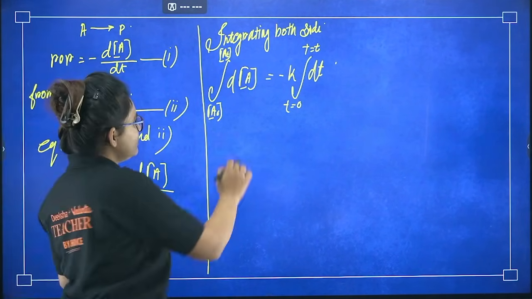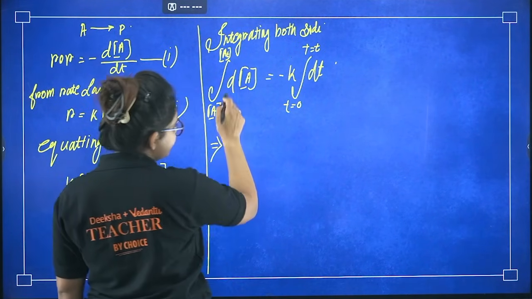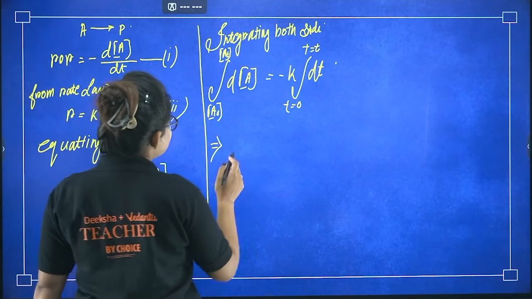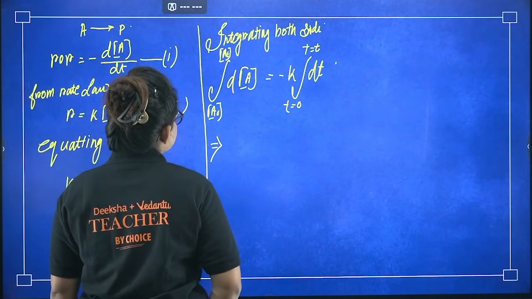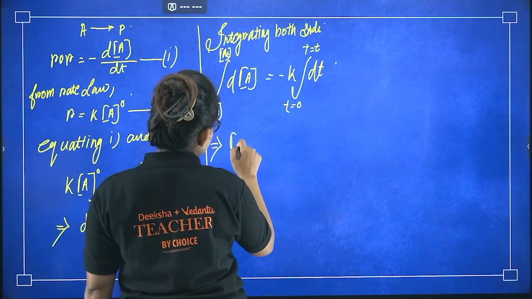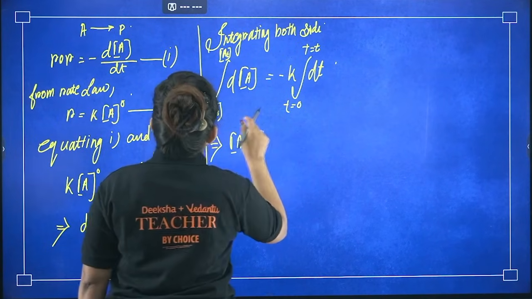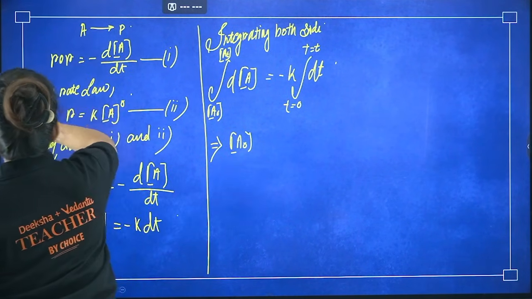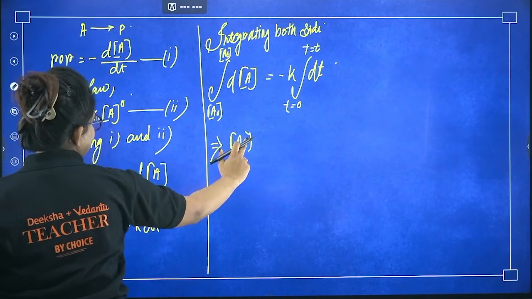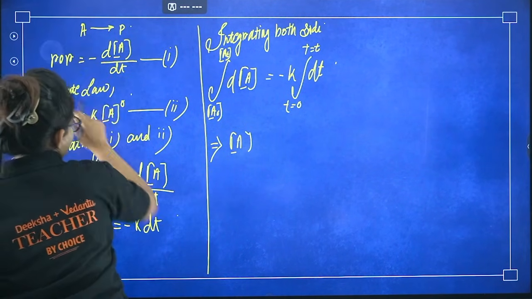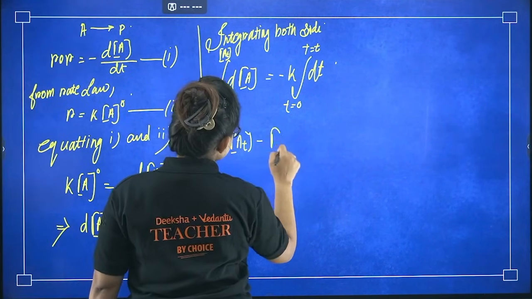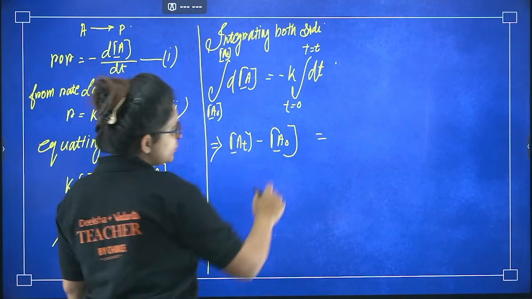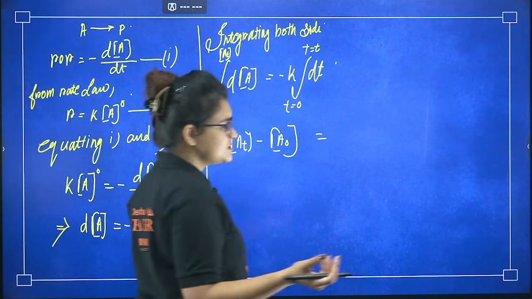Now the integration of dA will give A. Putting the limits, you will get something like this: At minus A0, upper limit minus lower limit, equals minus kt. For t, putting 0 will give 0 by default.